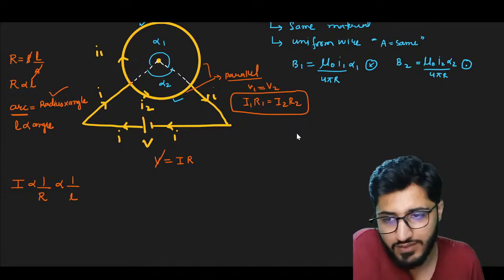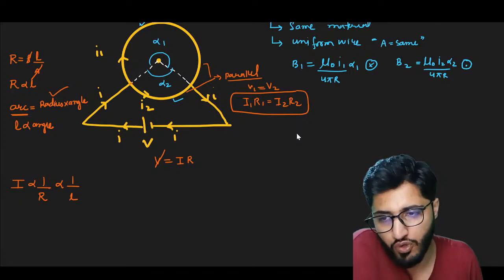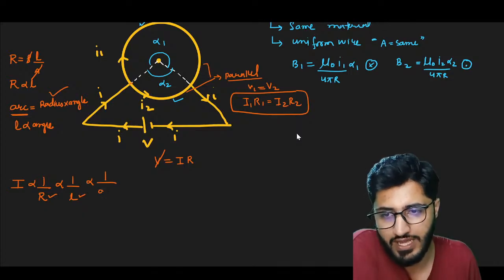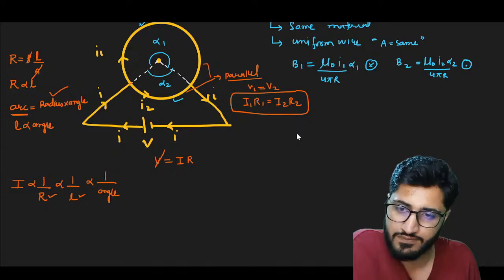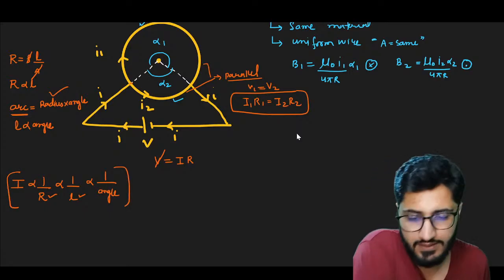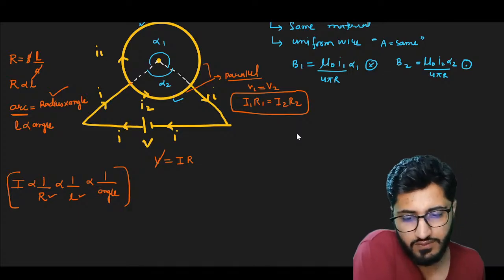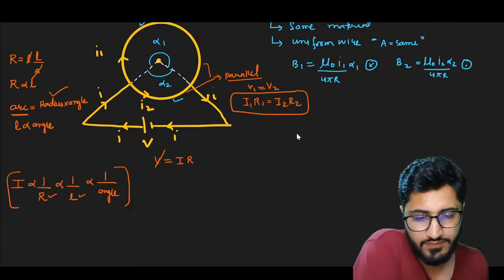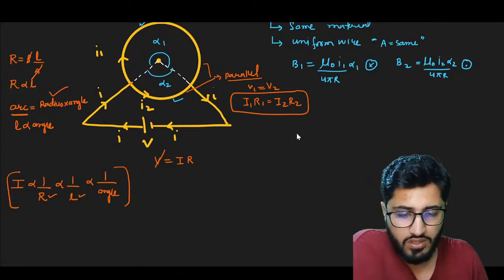I can write I is inversely proportional to R, R is directly proportional to L, and L is proportional to the angle. This thing you need to remember. Done? Clear now?